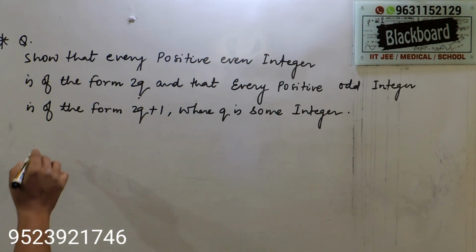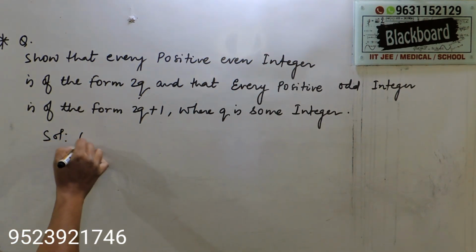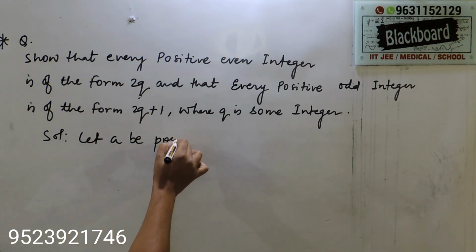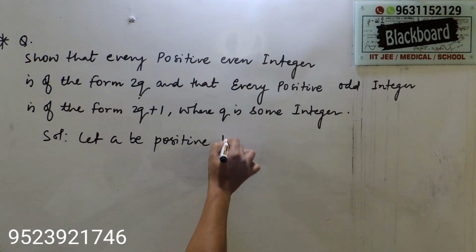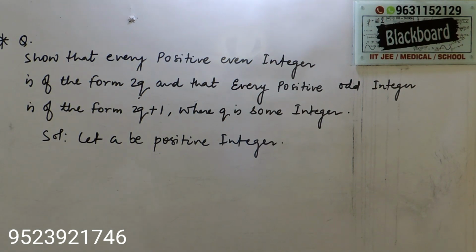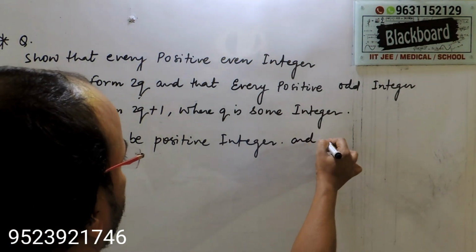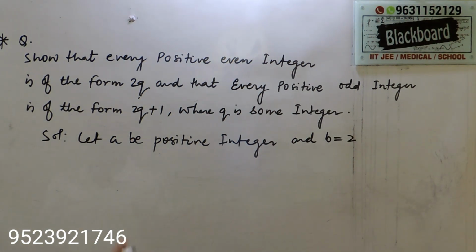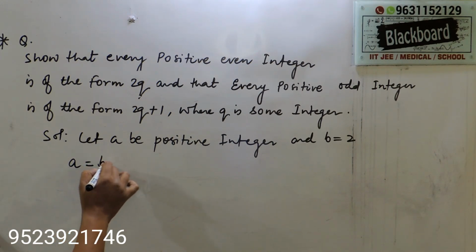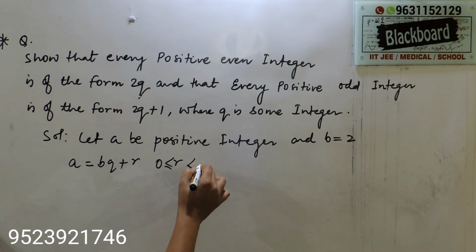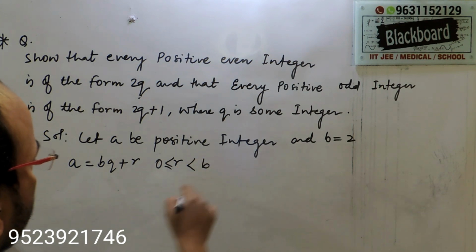Let a be a positive integer and b equal to 2. Then by Euclid division lemma, a equals bq plus r, where r is greater than or equal to 0 and less than b, and b is here 2.